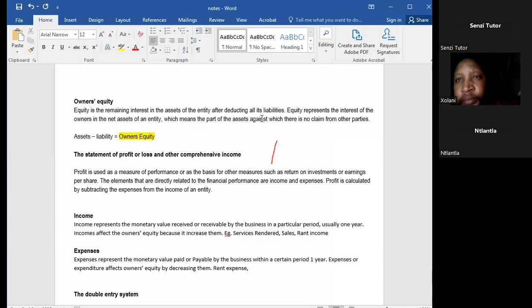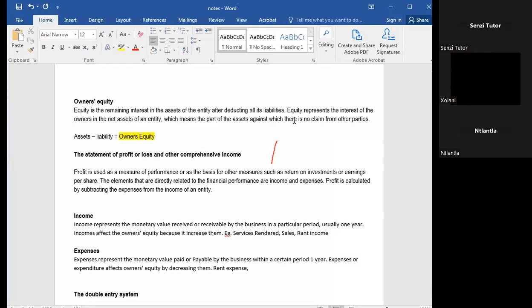We exclude all debts from our assets, and then the remaining amount of money is owner's equity. Then equity represents the interest of what? Of the owner in the net assets of an entity, which means the part of assets against which there is no claim from other parties.